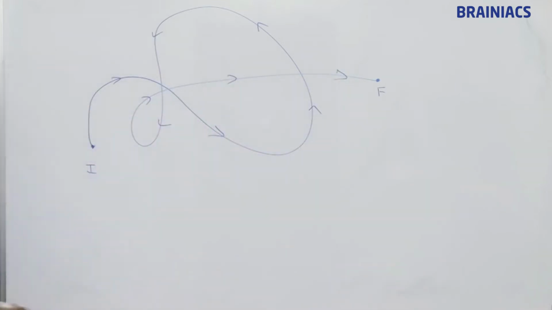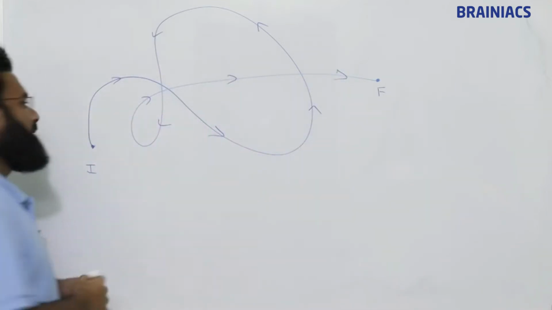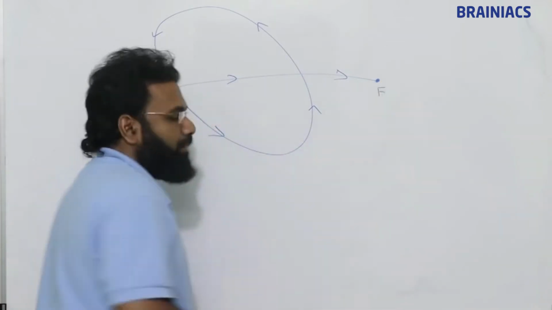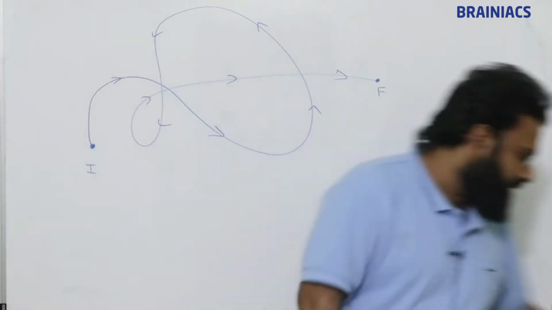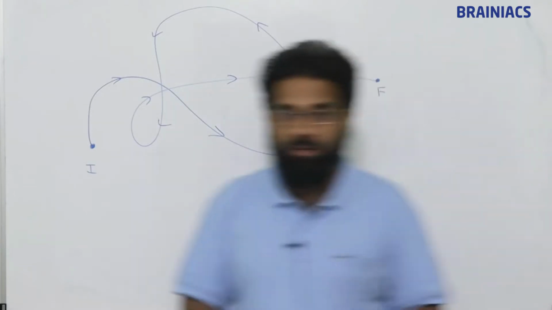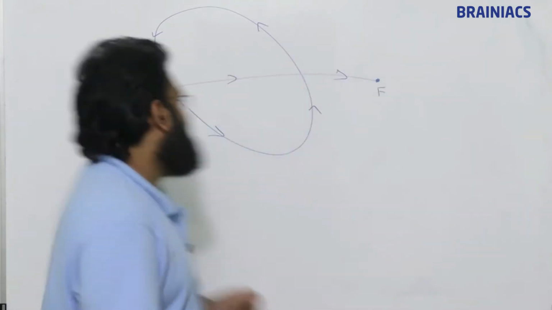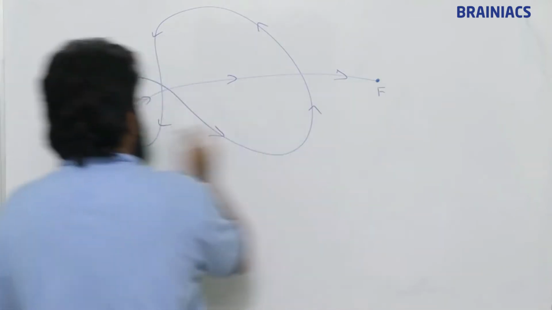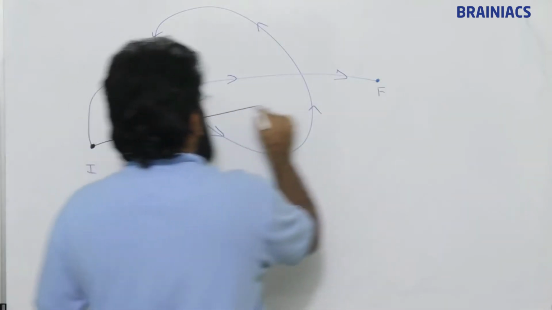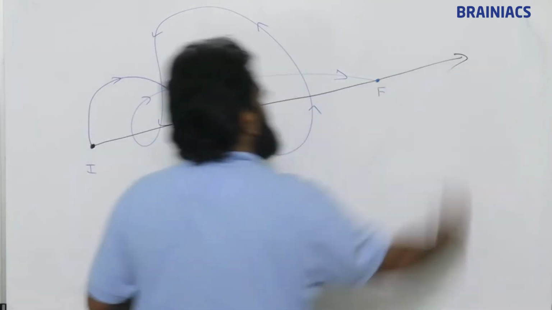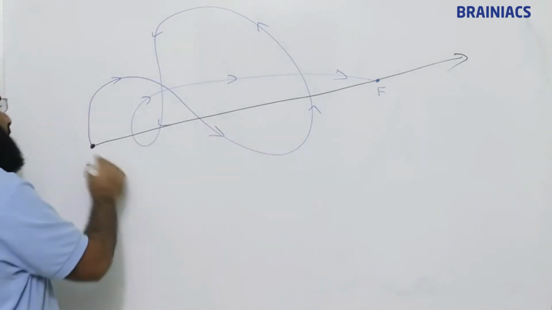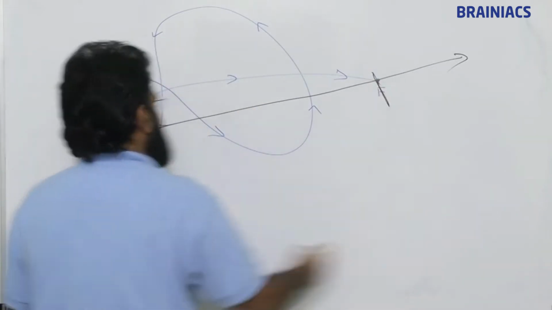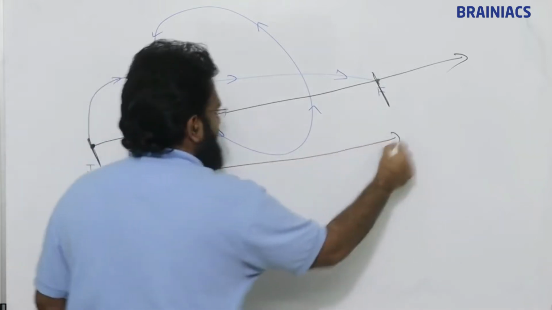Now if someone asks us what is the displacement, what will we do? This is the initial point, this is the final point. We will mark like this. This is the displacement, from here to this, correct?